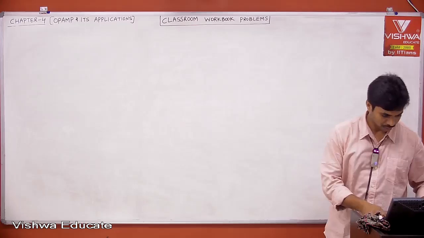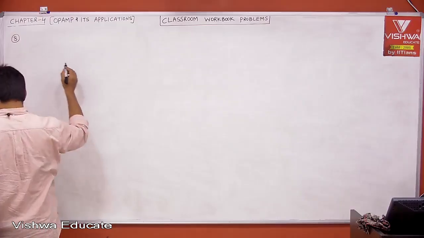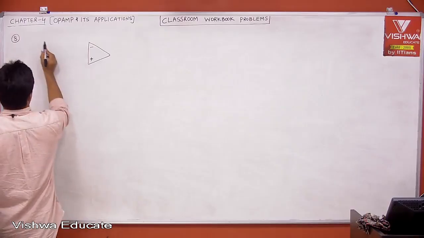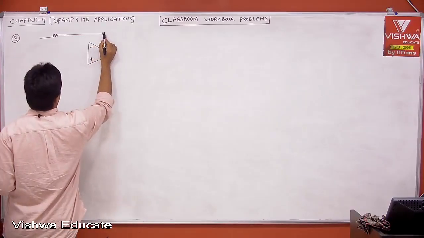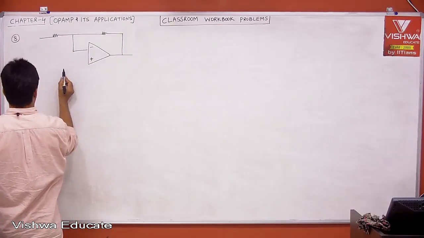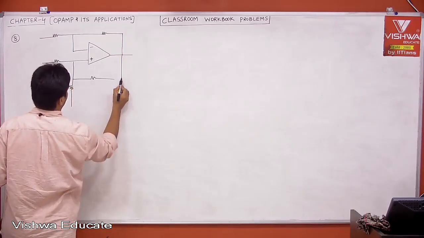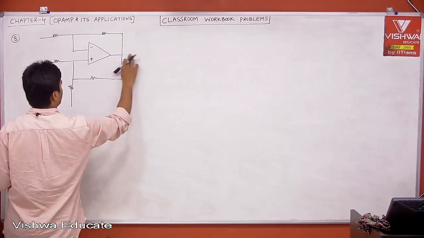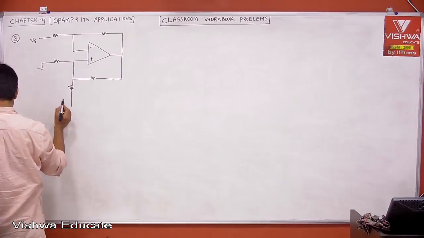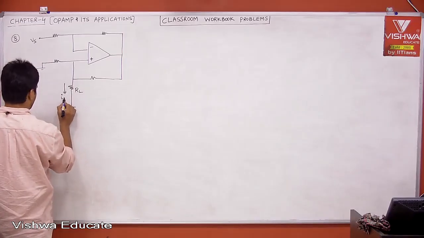Problem number 8. The circuit is drawn, and this is what is called IL.